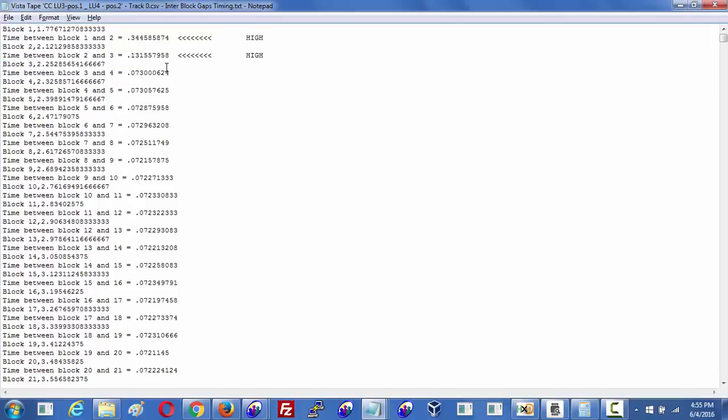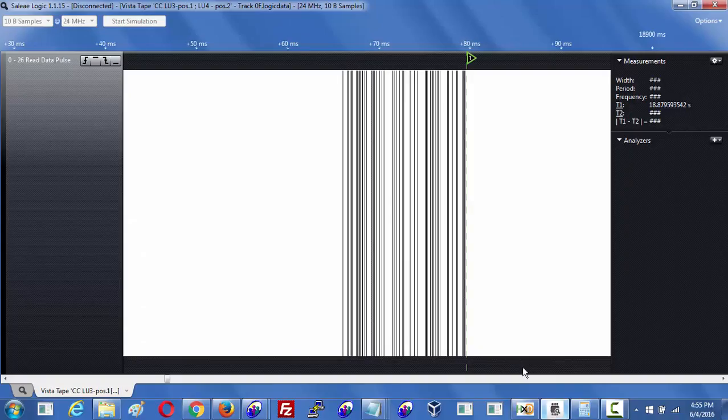So the fact that this is almost twice as long as the rest could be because the file mark block is shorter. The point is that this finds the anomaly and points it out and says, hey, look at this. So what I do is I actually look at this visually.